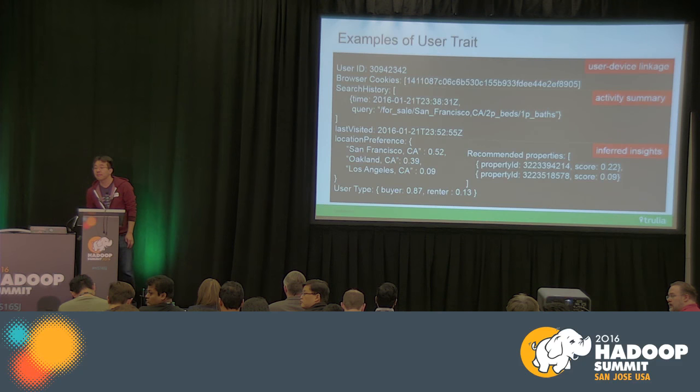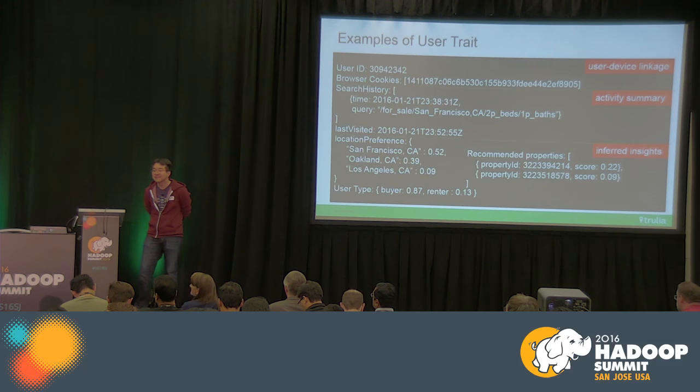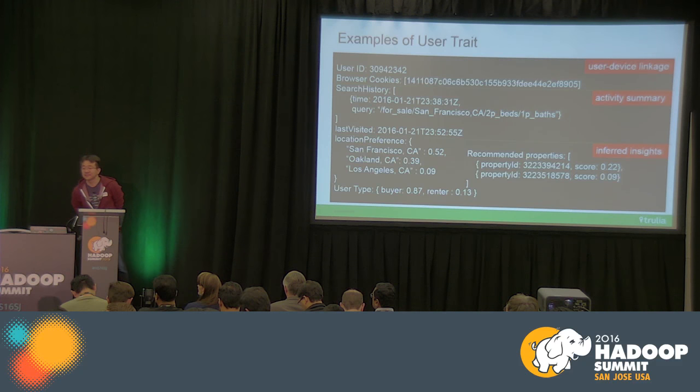Are the user type and the recommended properties delivered as traits as a result of the batch process? Both the result of the batch process and in real time. So how do you modify them in real time? Are you delivering all the information that was used to calculate it to begin with, so the same algorithm is applied? The idea is that we're moving towards that.